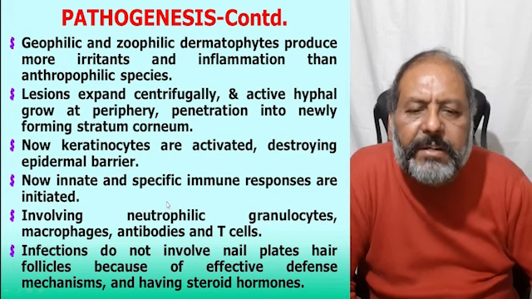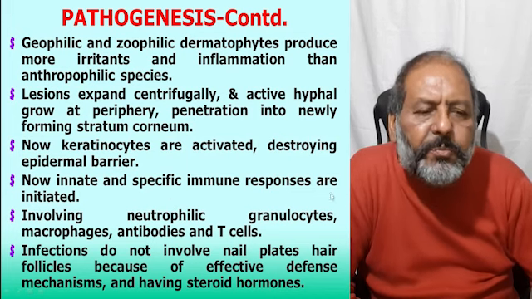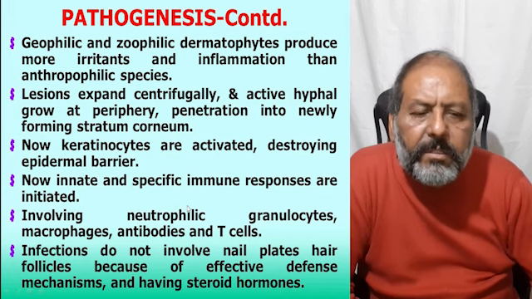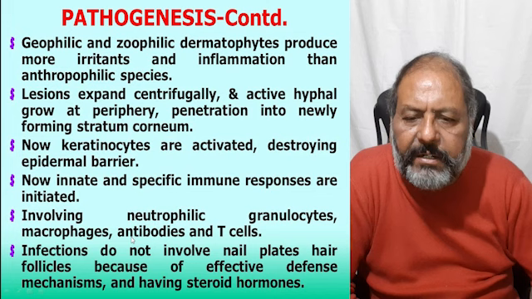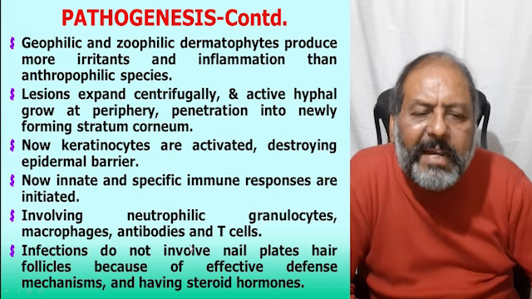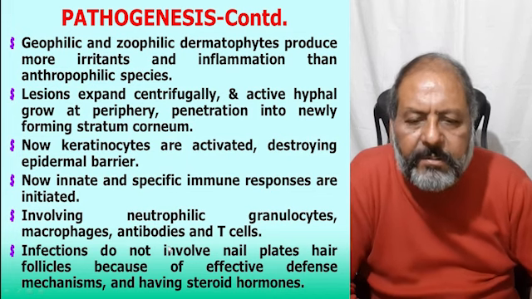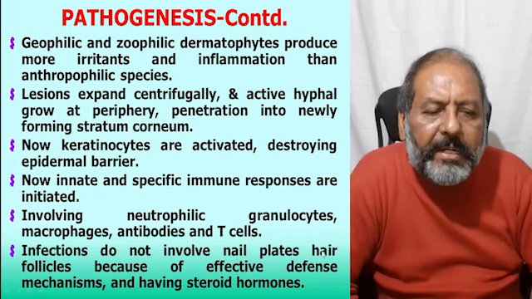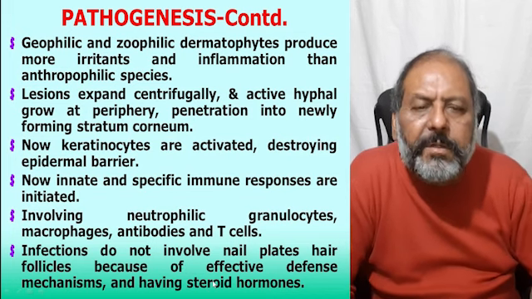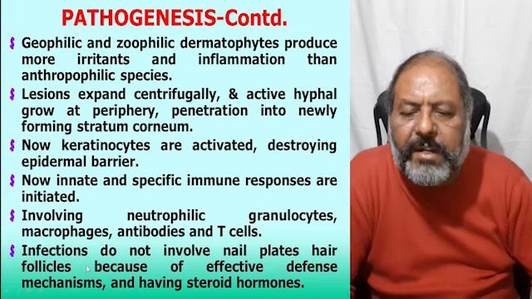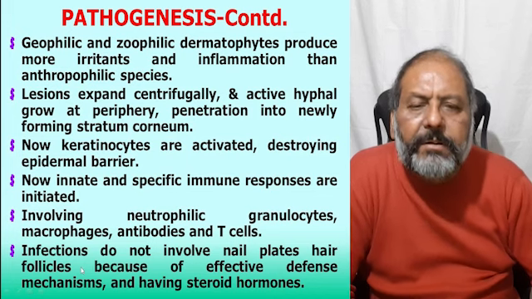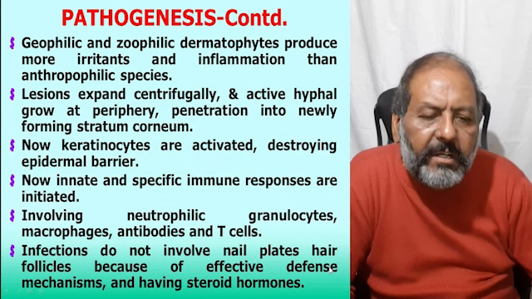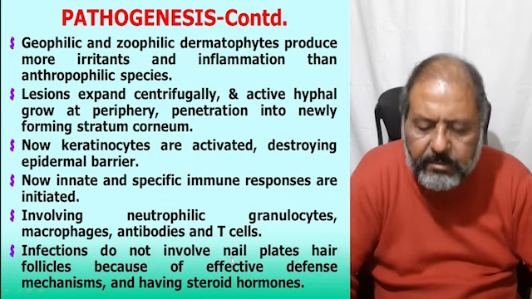Innate and specific immune responses are initiated, and these involve the neutrophilic granulocytes, macrophages, antibodies, and T cells. Infection does not involve nail plates and hair follicles because of the effective defense mechanism and the steroid hormones which these structures, like nail plates and hair follicles, do have.